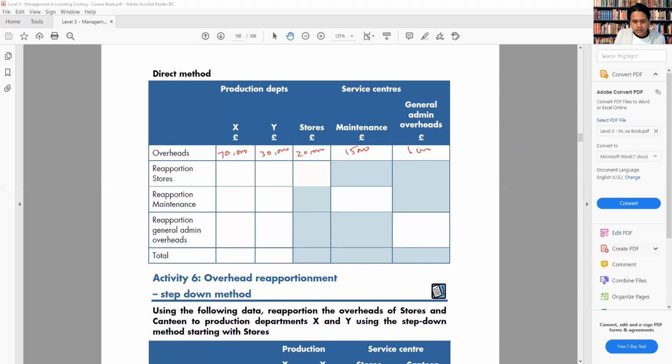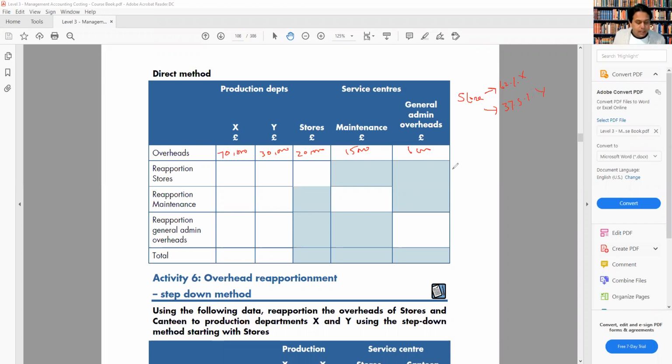All right, so we said store. First start with the store. Store 62% for X and 37.5% for Y, isn't it?